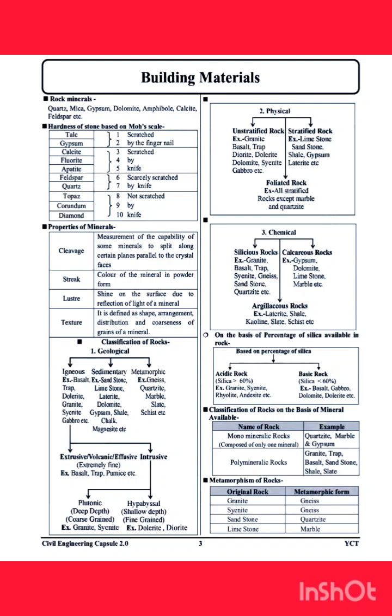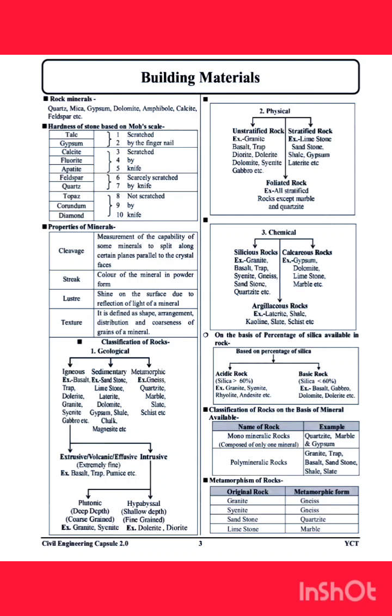Now, on the basis of the percentage of silica available in the rock, there are two classifications: acidic rock and basic rock. Acidic rock means its silica percentage is greater than 60%, but basic rock means its silica percentage is less than 60%. Granite, syenite, rhyolite, andesite, etc. are acidic rocks.